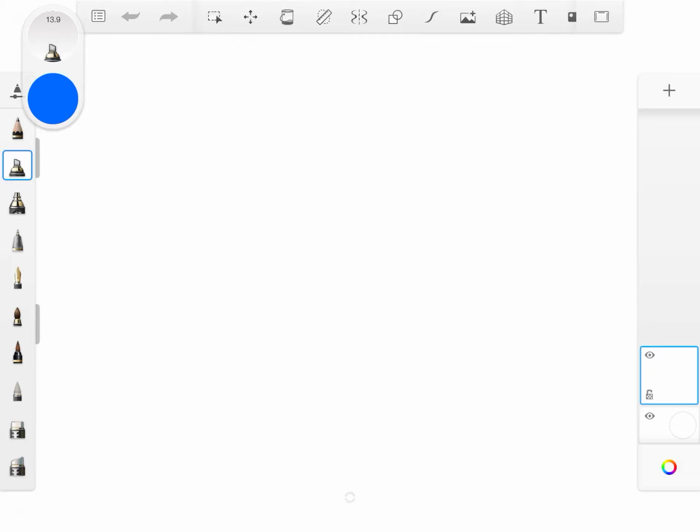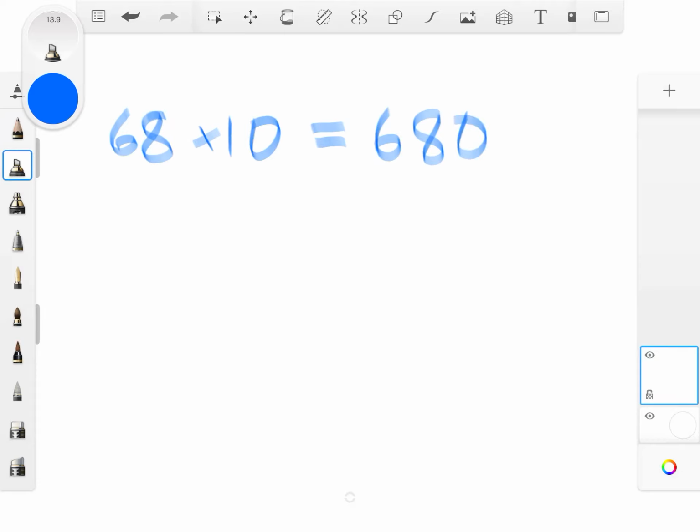Now, if you have 68 times 10, you can use your calculator and you'll have 680. Or you can say it's times by 10, there's 1 zero. You can simply just move it over 1 decimal.